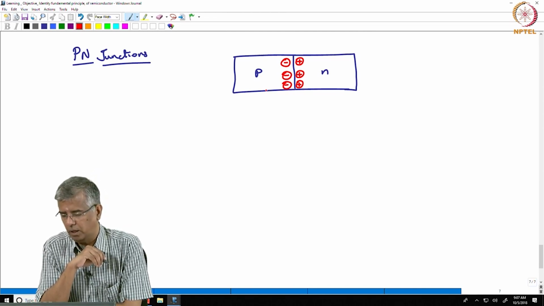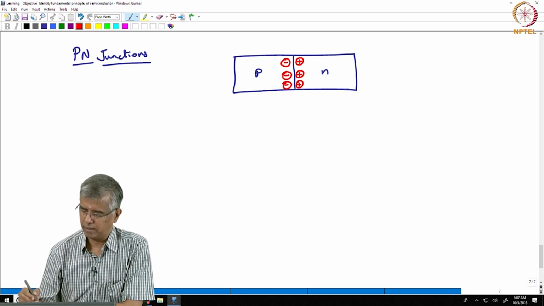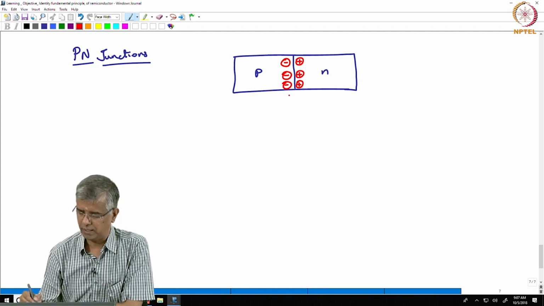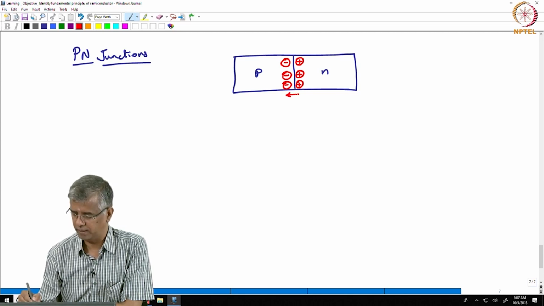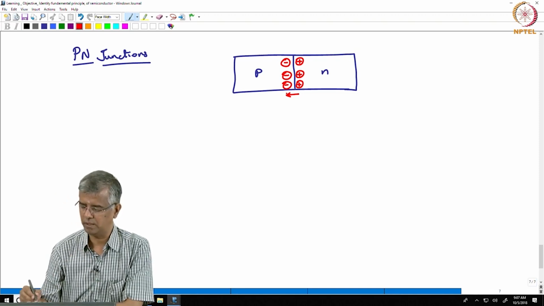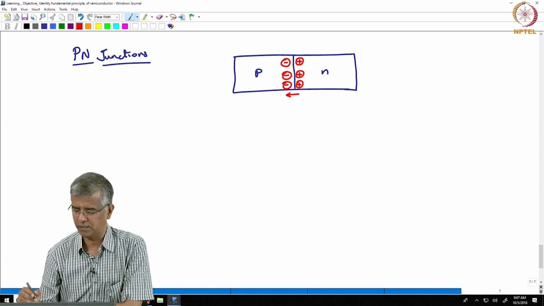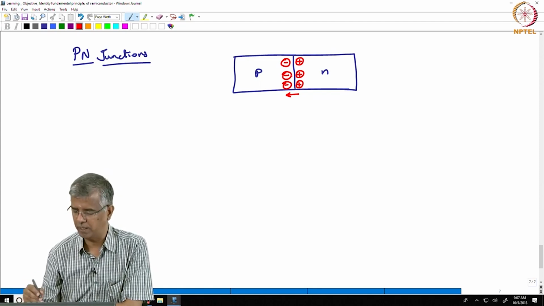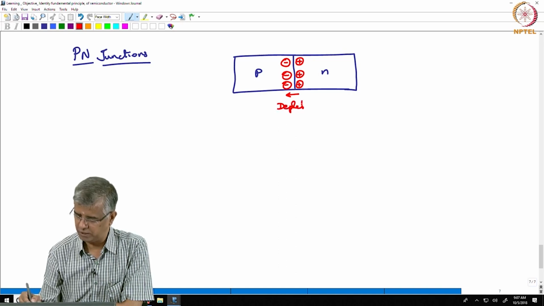Okay. And since these are fixed charges, and of course you can say if these are positive and this is negative, then there is a small electric field that gets developed over there, and since these are fixed charges, they are depleted of any mobile charges. This region is called the depletion region.